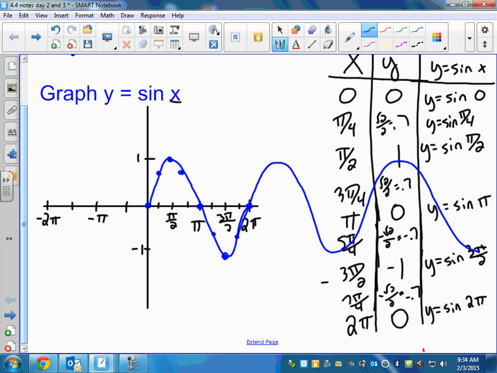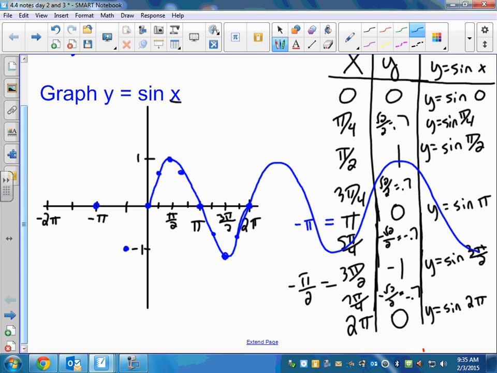Negative pi halves equals 3 pi halves, which is just going to equal -1. So that's just going to go back to -1. I kind of skipped the 0.7s. And at -pi, is -pi the same as +pi? Which means it's just going to go back to 0.